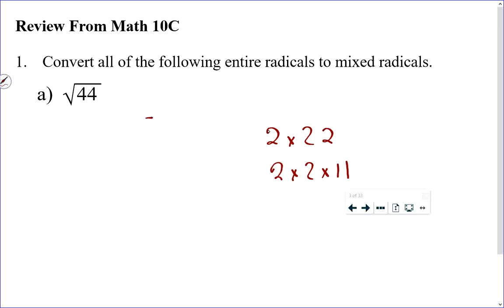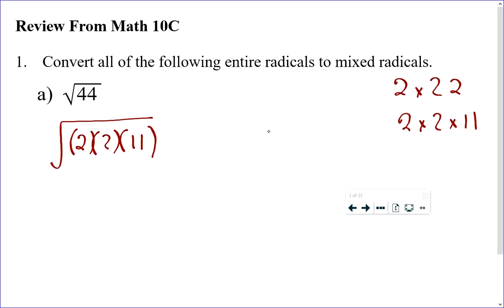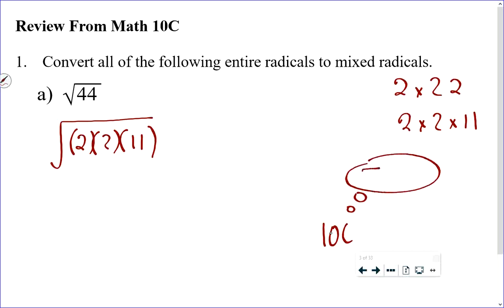That means that the square root of 44 is equal to the square root of the product of 2 times 2 times 11. Now, one of the things that you learned in Math 10C, so this is just rough work on the side, is that the square root of a times b is the same as the square root of a times the square root of b.